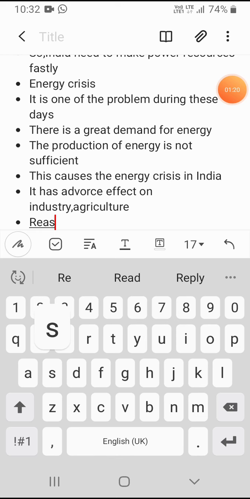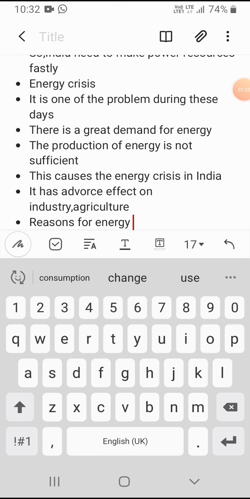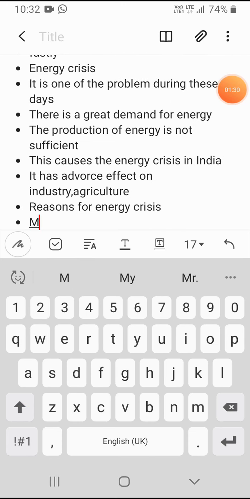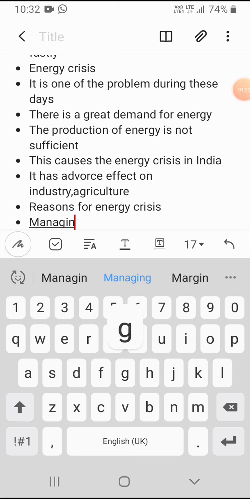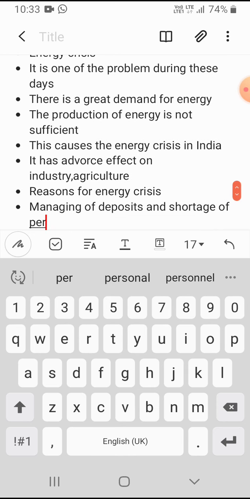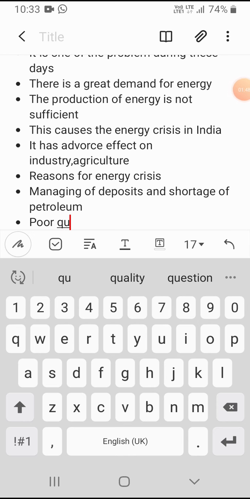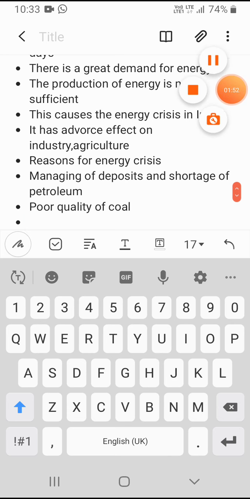What are the reasons for the energy crisis? One is mismanagement of deposits and shortage of petroleum. Poor quality of coal is another problem.